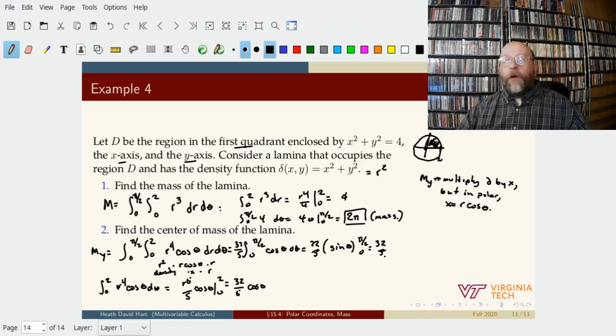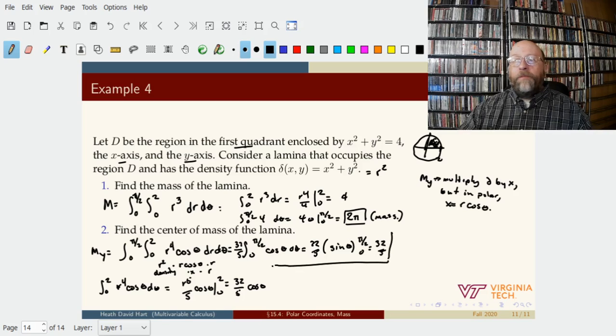All right. So then we have to do the same thing for Mx, and I don't have a whole lot of space left here. Mx is going to be the integral from 0 to pi over 2, from 0 to 2. This time we're going to have r to the fourth sine theta, d theta. And the first part of the integral is going to work out the same.